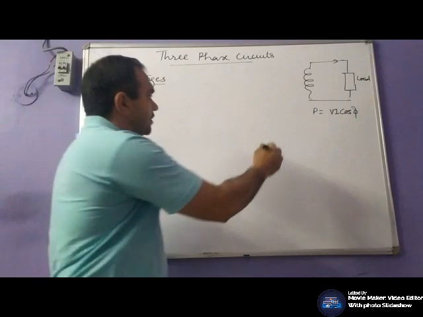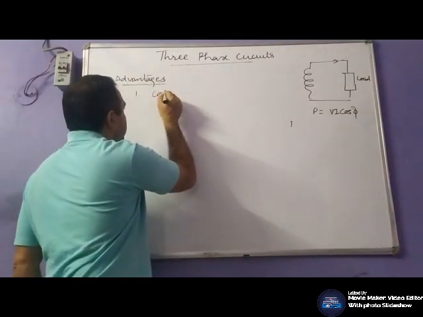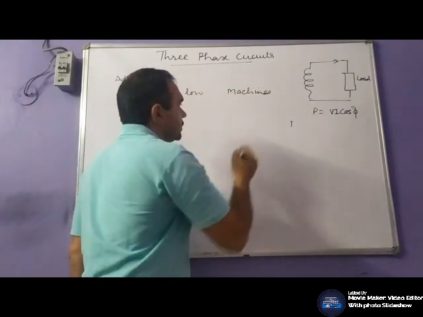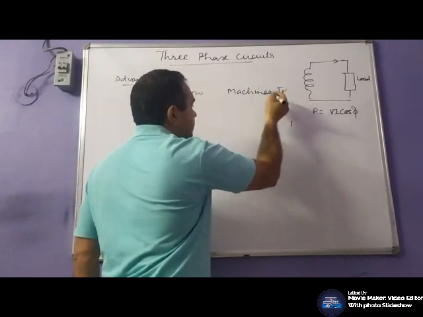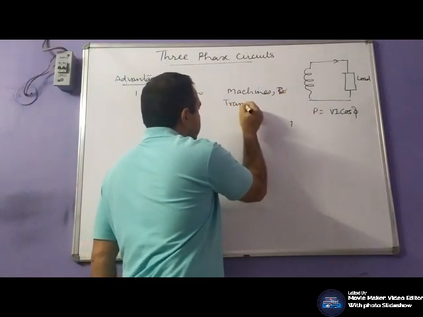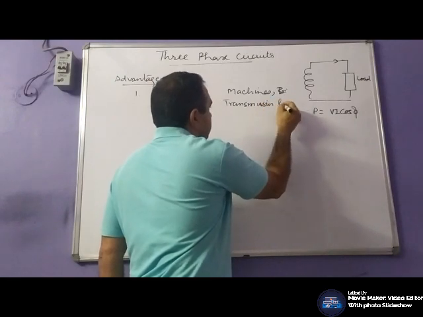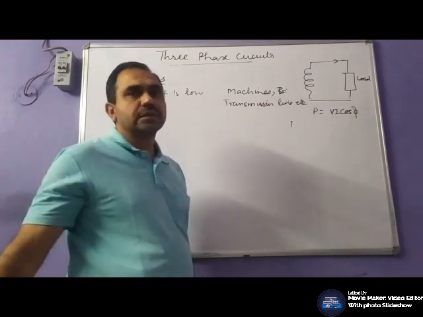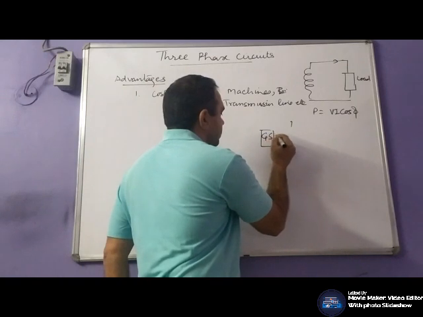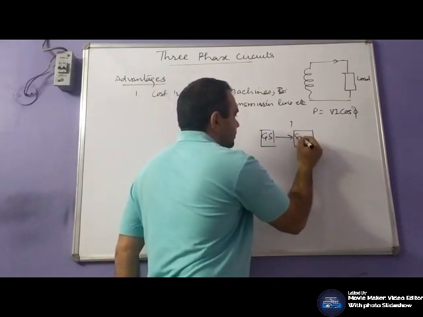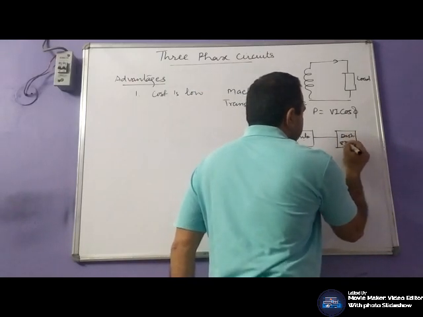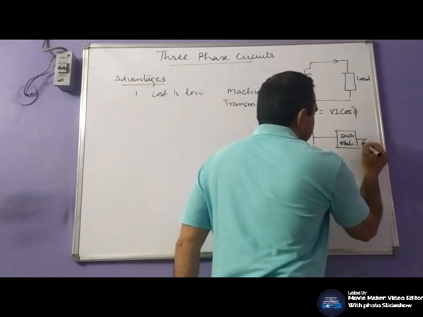Whether it is machines, transformers. In machines you have motors, transformers, transmission line, etc. For example, your electrical energy is transmitted from generating station to substation to distribution station to end users.